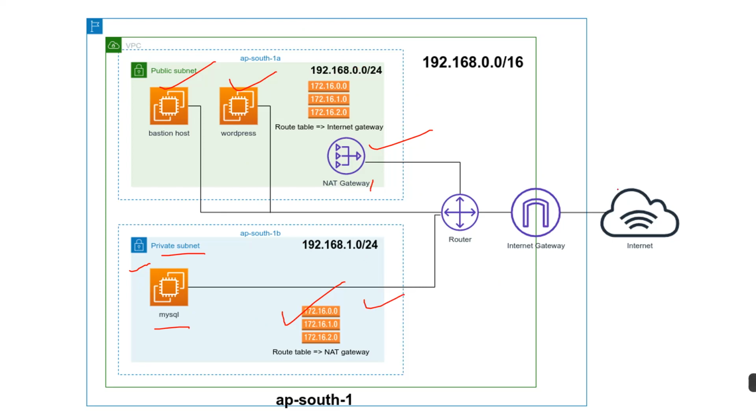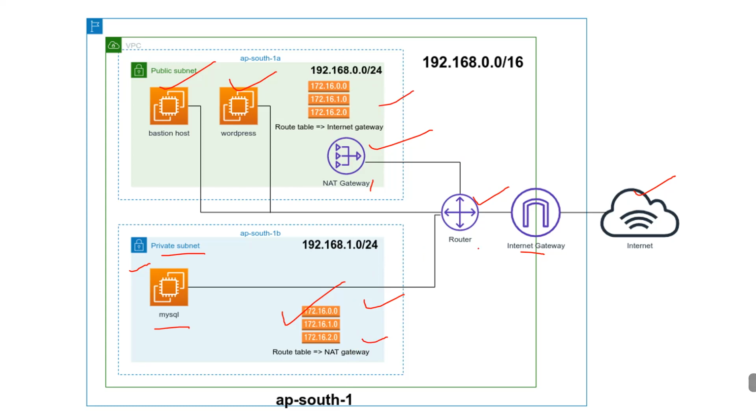You can see this is the internet, means the user first accesses the internet gateway, right? And the internet gateway is connected to the router, and we have two route tables. One is the public route table, and this is the private route table.